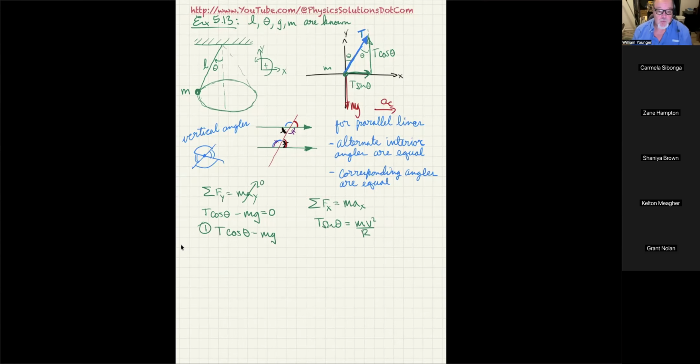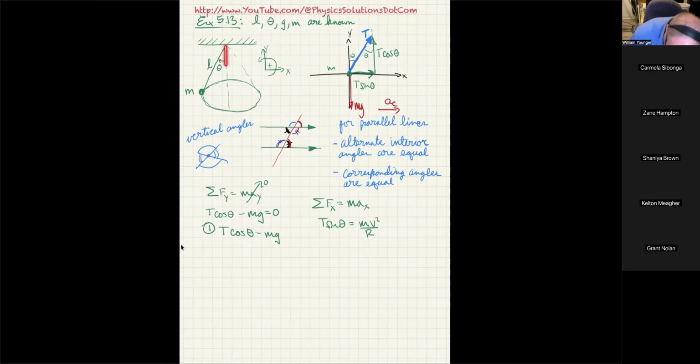And r is something we've got to figure out. Specifically, we know that L is this distance, the height would be L cosine theta, and this distance would be L sine theta. So r should equal L sine theta.